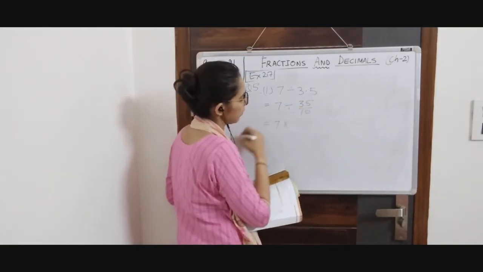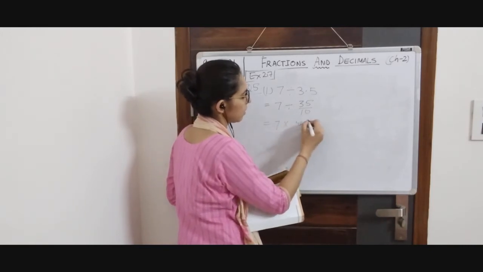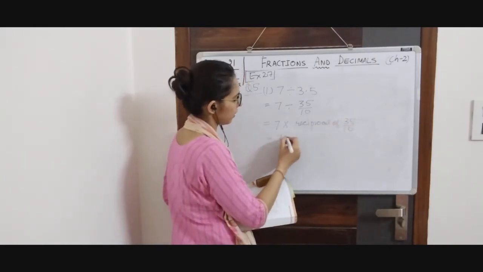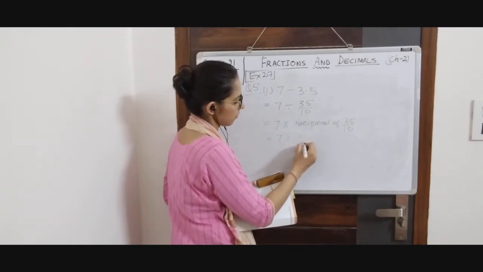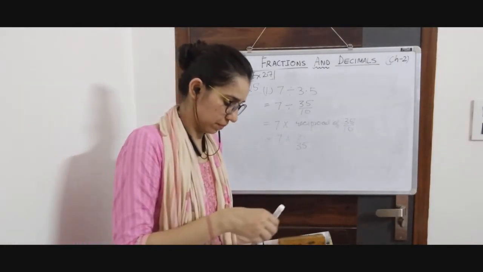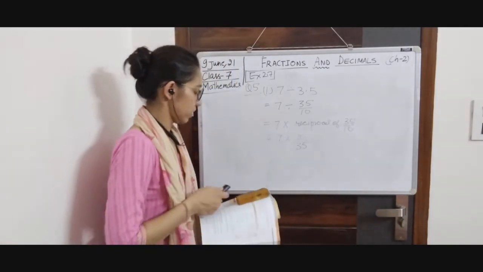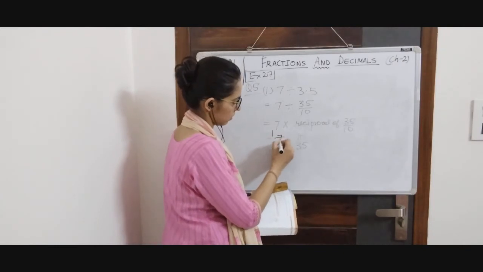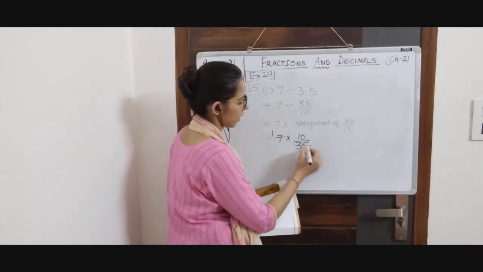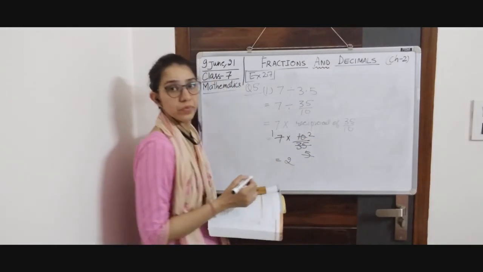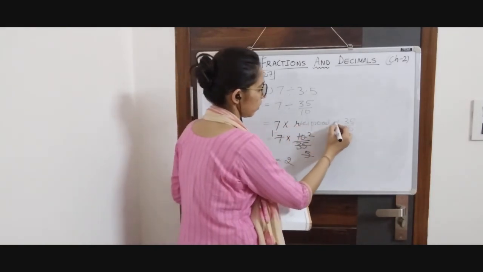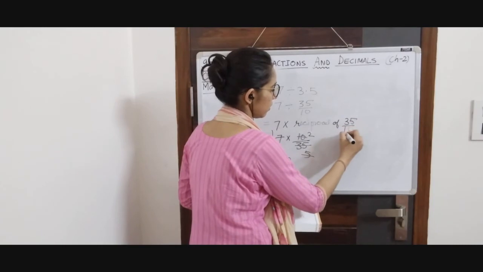It means you have to multiply 7 with the reciprocal of 35 by 10, and the reciprocal of 35 by 10 will be 10 by 35. 7 5s are 35 and 5 2s are 10. So we got 2 here.